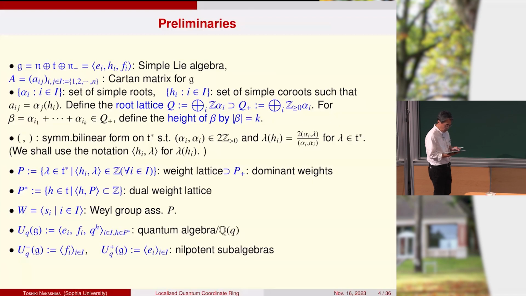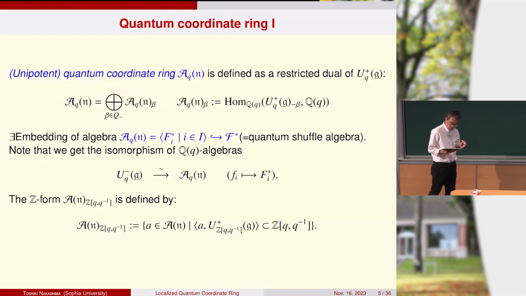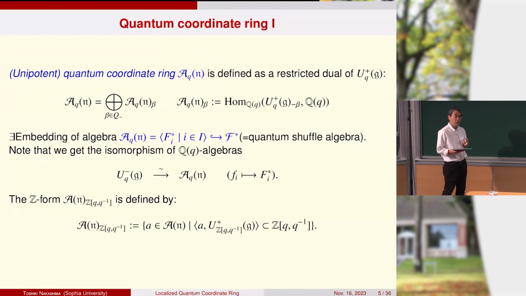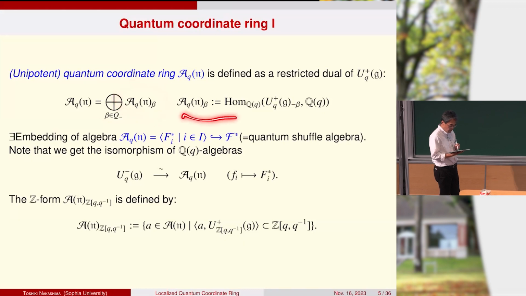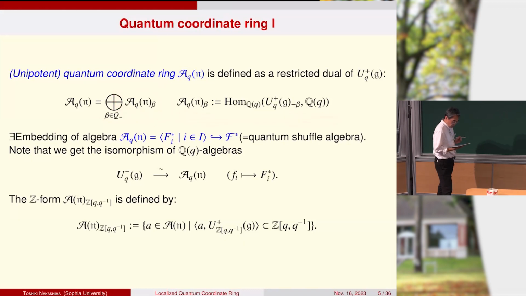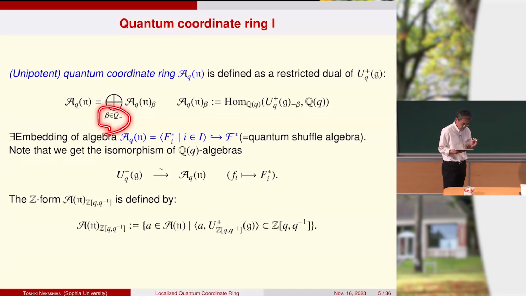The unipotent quantum coordinate ring A_q(n) is defined as a restricted dual of U_q^+(g). It has a decomposition where each A_q(n)_beta is just the dual of U_q^+(g)_{-beta}, where beta is from here.